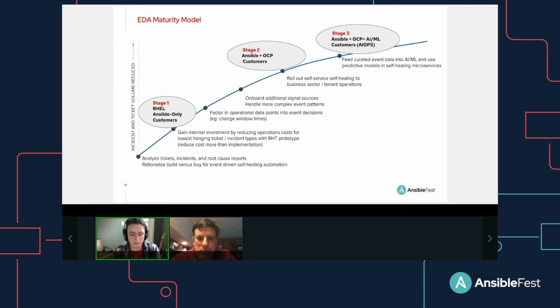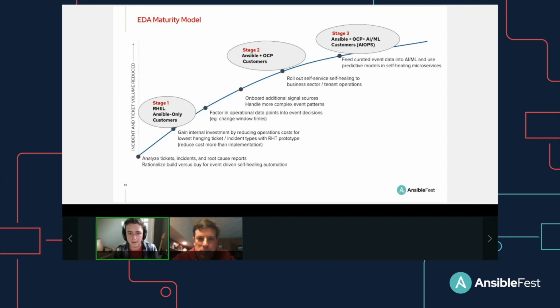The final step in this overall model is really AI Ops, which allows for AI/ML to modify how the remediations are taking place based on some predictive modeling.